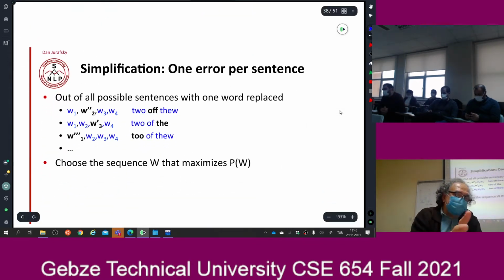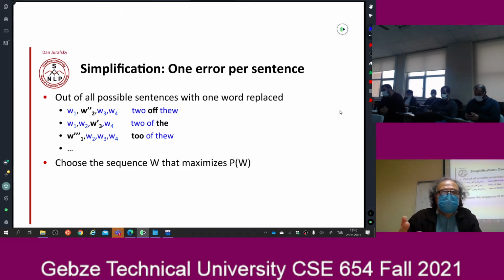People don't make mistakes one after the other. For me, the average is maybe 1 spelling error every 5 words, and 60% of those words will be non-words.